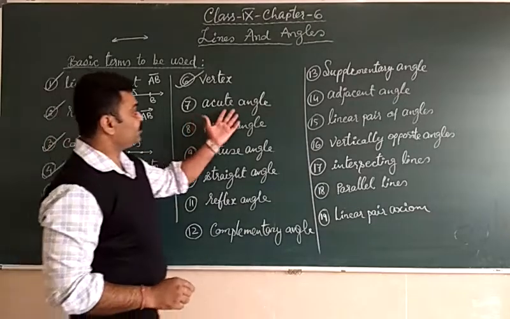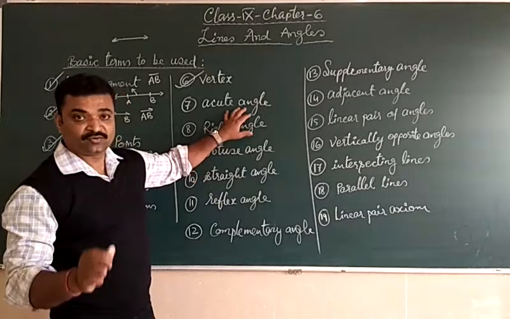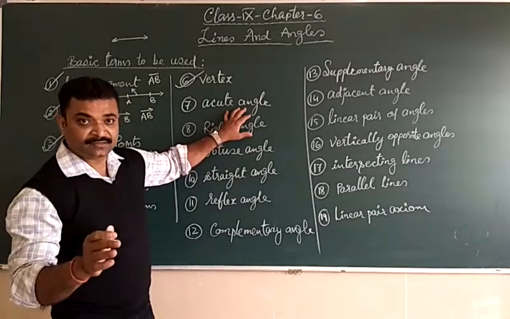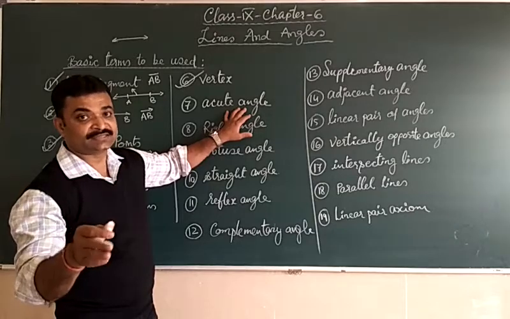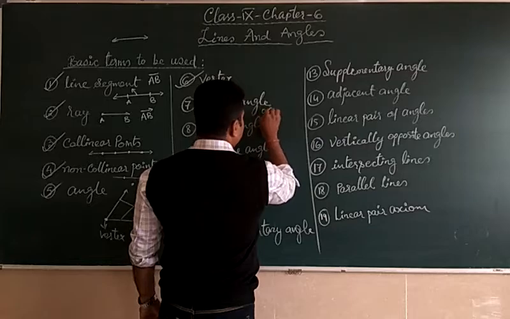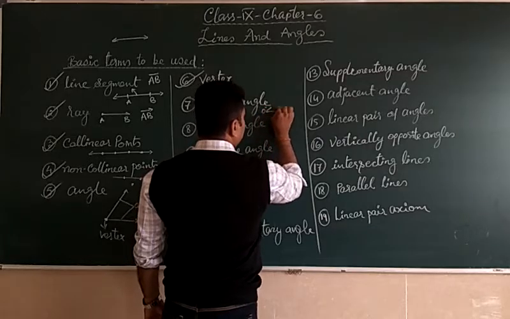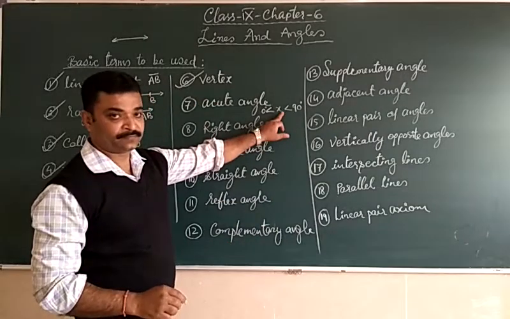Now next is acute angle, right angle, obtuse angle. You all know what an acute angle is? The angle which measures more than 0 but less than 90 degrees. Suppose x is an angle.